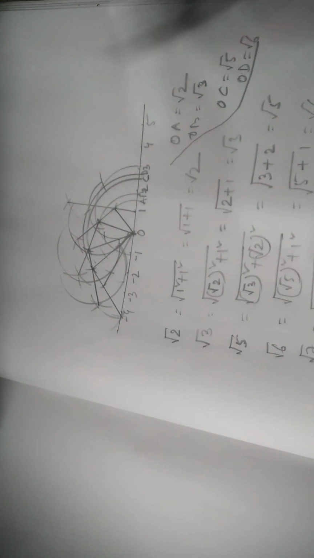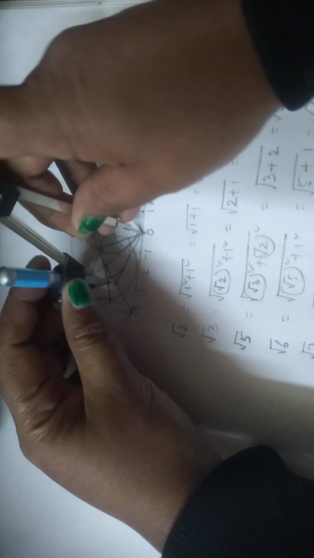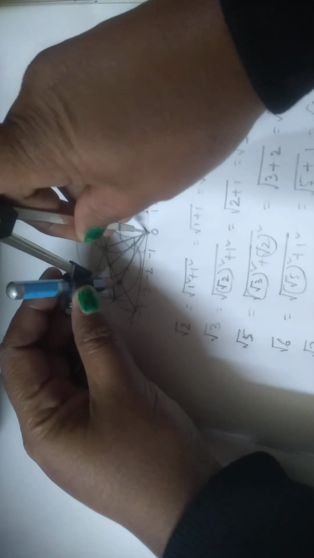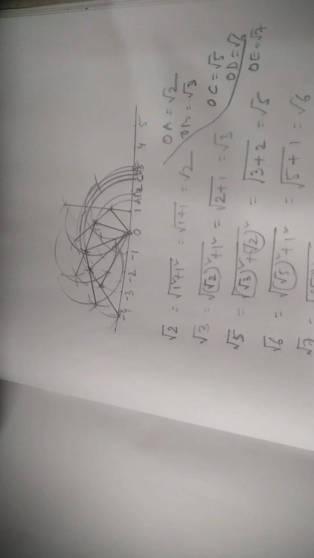So this is the value of root 7. Take the measure of this. This is the value of root 7, and mark this on the number line. This portion E. This is the value of OE. OE is the value of root 7.